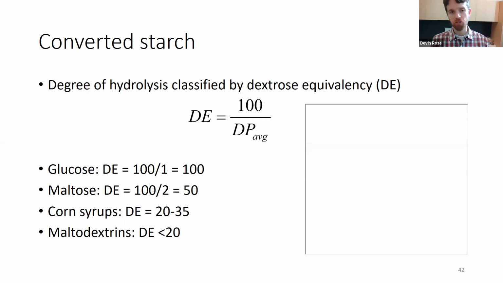So a dextrin is a short polymer of glucose, or of starch, and a maltodextrin would be the general term for that. And dextrose equivalency of less than 20 would be a maltodextrin. So basically, an average degree of polymerization of 5 or more would be a maltodextrin. And the maltodextrins, I mentioned some of the functional properties.